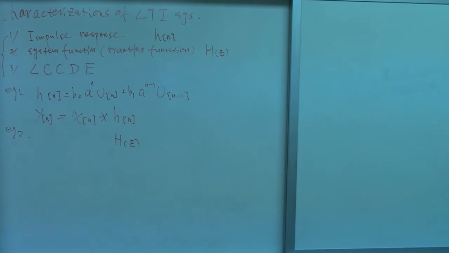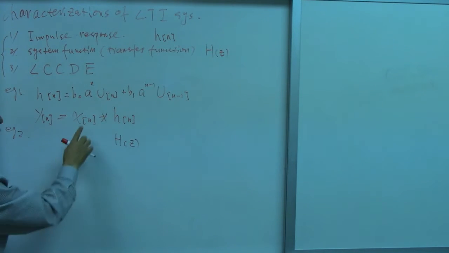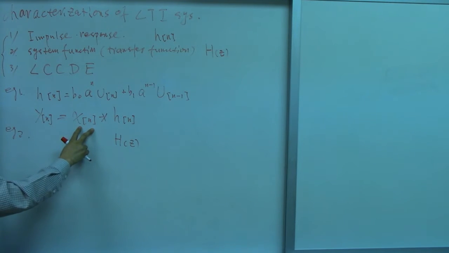So anybody still remember this? If we know the system function, which is obtained from the z transform of the impulse response, I also give you an input. How to calculate the output?